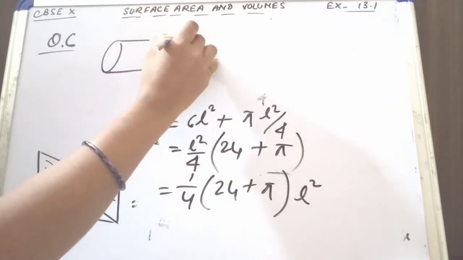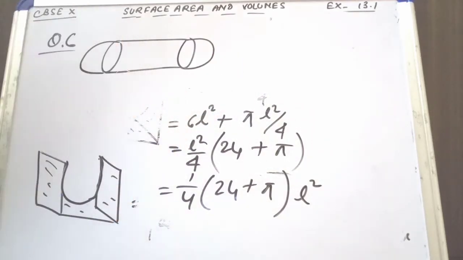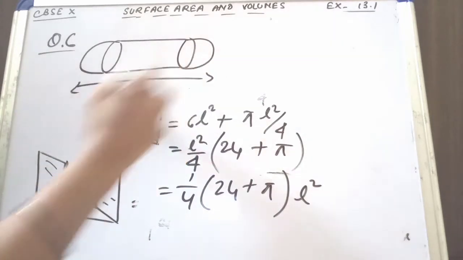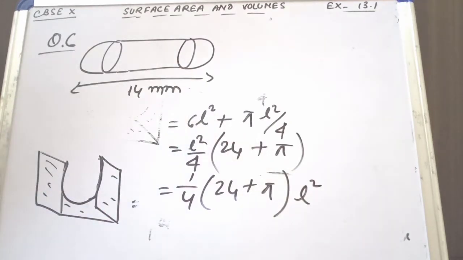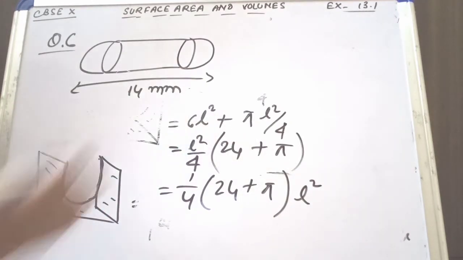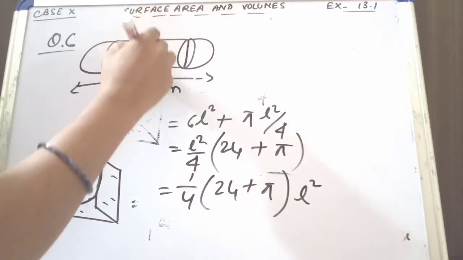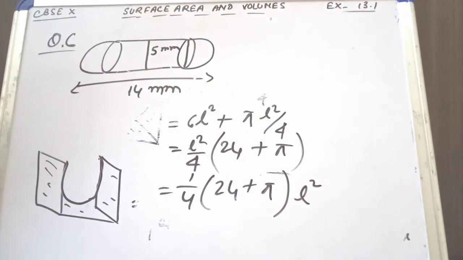The length of this entire capsule is 14 millimeter, and the diameter of this capsule, that means this length, is equal to 5 mm.